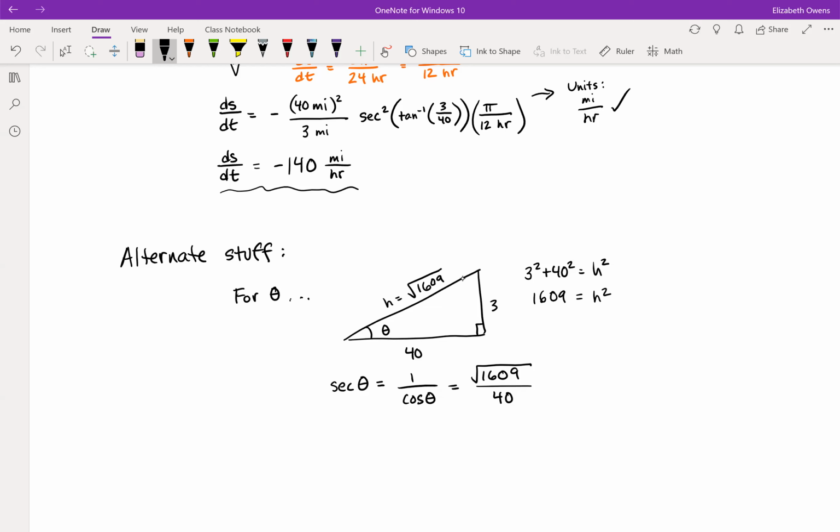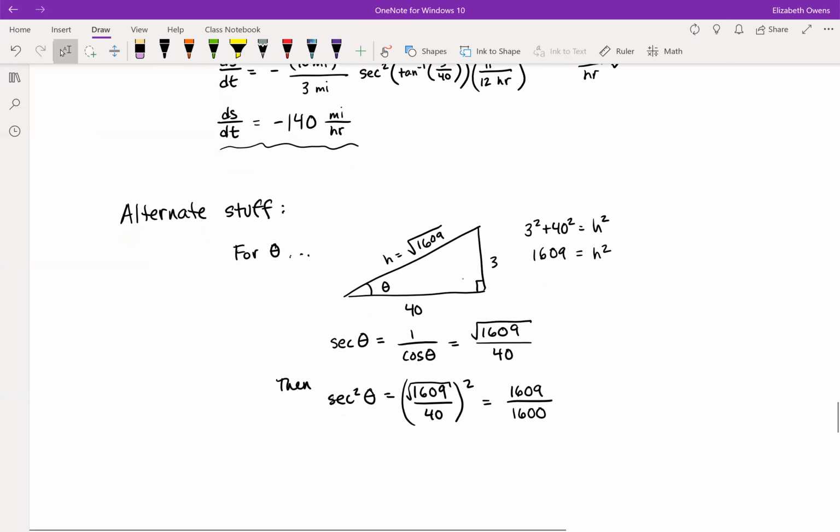Okay. And then for secant squared theta, you would take that value and just square it, which would end up canceling out the radical in the numerator. And that's what comes out kind of nice about this. You'd get a nice 1609 on top and then 1600 on the bottom. So 1609 over 1600 for that.